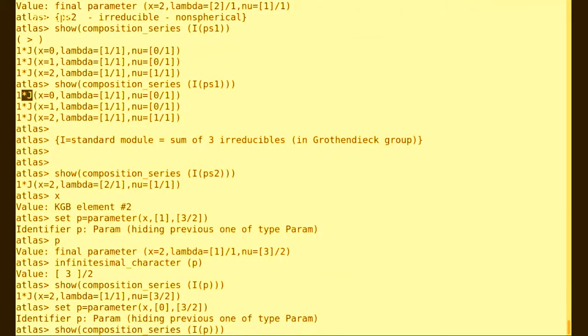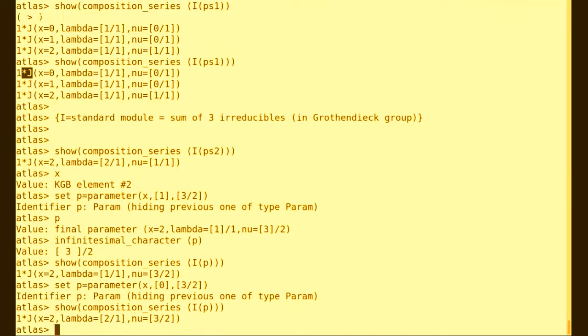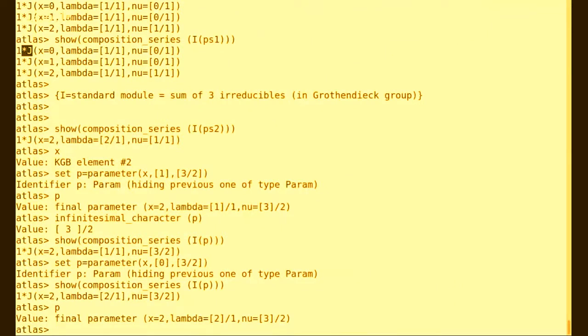And that's also irreducible. Another thing that you can do, if you wish, is the following. Let's say P is this parameter with X, lambda, and nu.